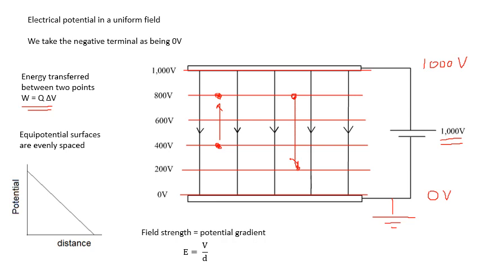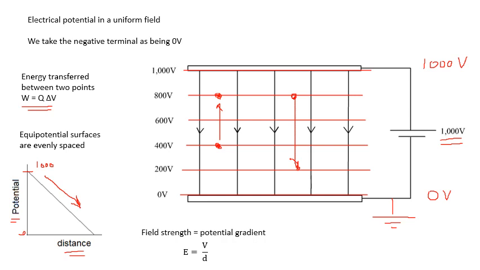Equipotential surfaces are evenly spaced in a uniform field. If we did a graph of potential against distance, it would be a straight line. In this particular case, it would go from 1000 volts down to 0, and it would go down uniformly. So the gradient of my potential hill is uniform.